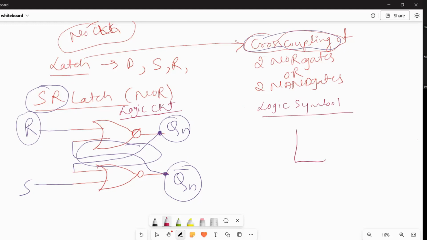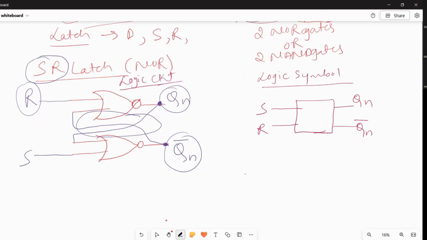SR latch means two inputs: S and R. Qn and Qn bar are the two outputs. With the help of a truth table, we can understand this SR latch operation clearly.